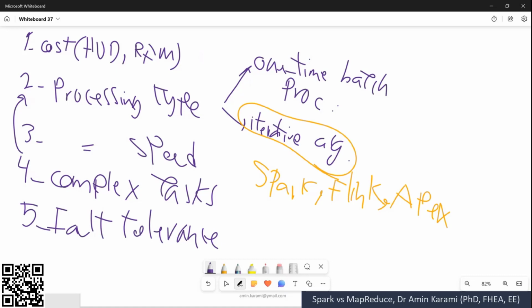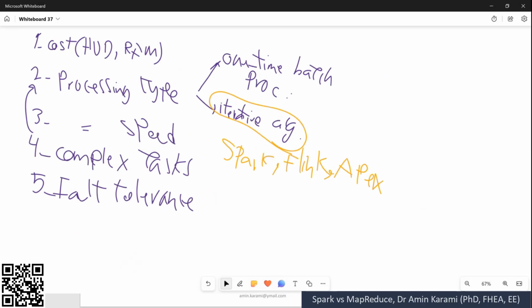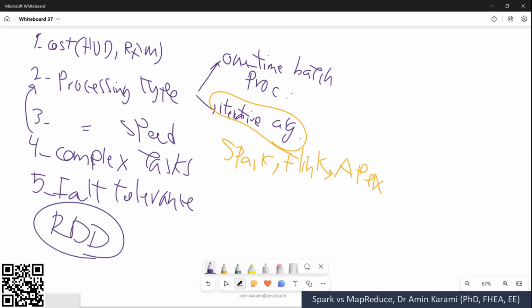Spark achieves fault tolerance through a feature called RDD, the resilient distributed data set, which is the masterpiece of Spark, right?